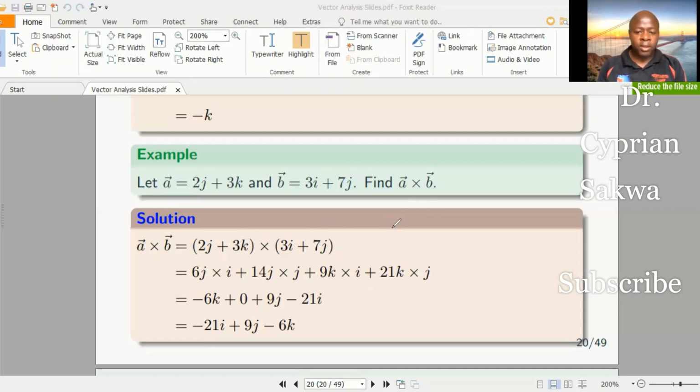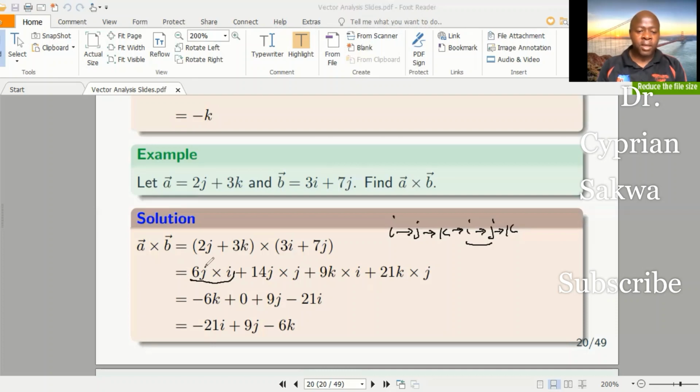So let's see. It was I, J, K, I, J, K, and the arrows were this way. Of course, we already know that J cross I, we're moving in this direction, the answer is negative K. That's why I wrote it as negative 6K.